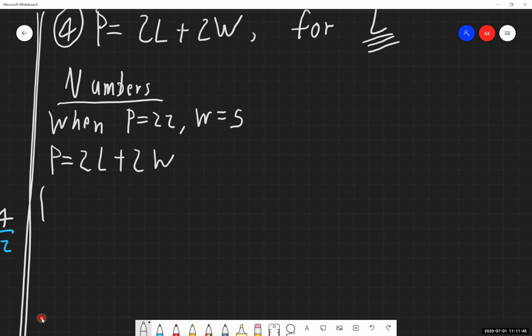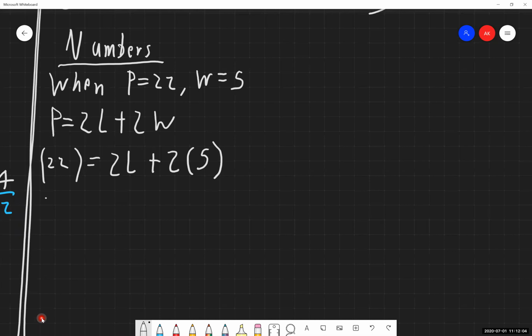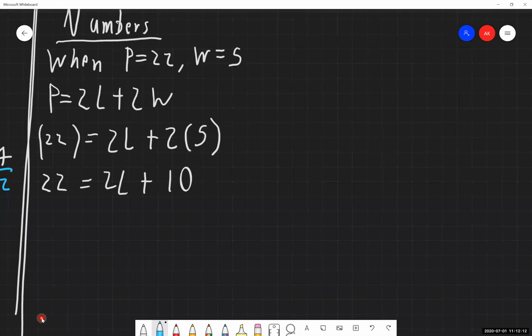Let's make those twos a bit better. There we go. So we're substituting 22 in for P, subbing 5 in for W, and now we're just solving this thing like we've done in previous problems. Nothing particularly new, nothing particularly fancy about this. It's a process that we have seen. Should be pretty comfortable with at this point in time.